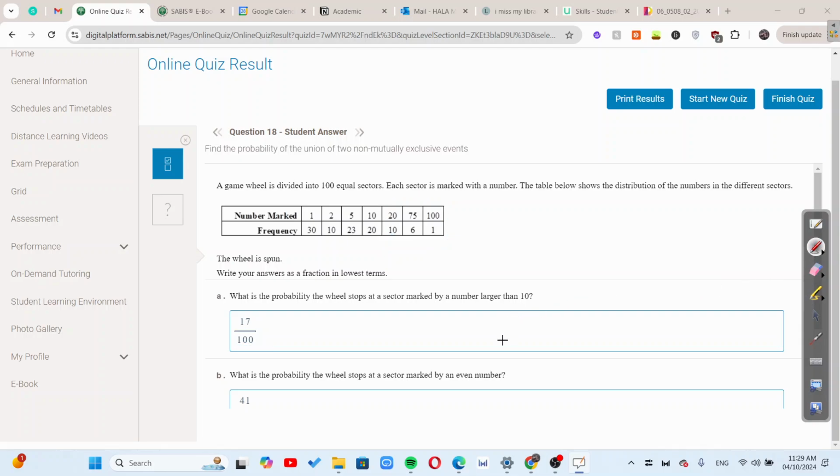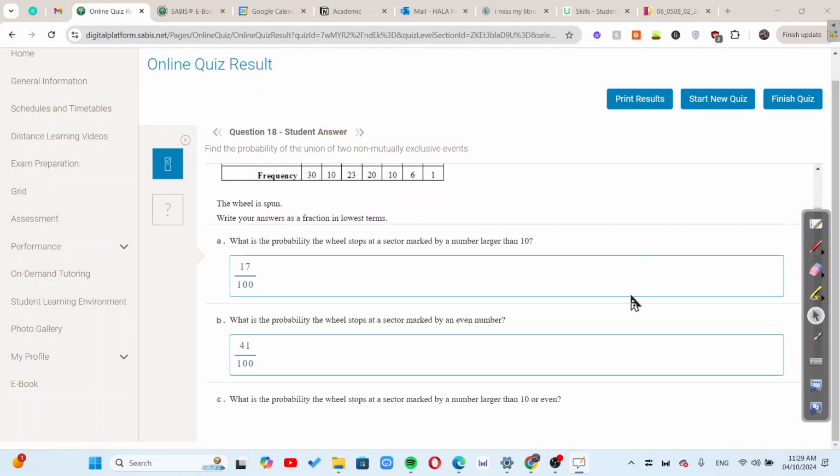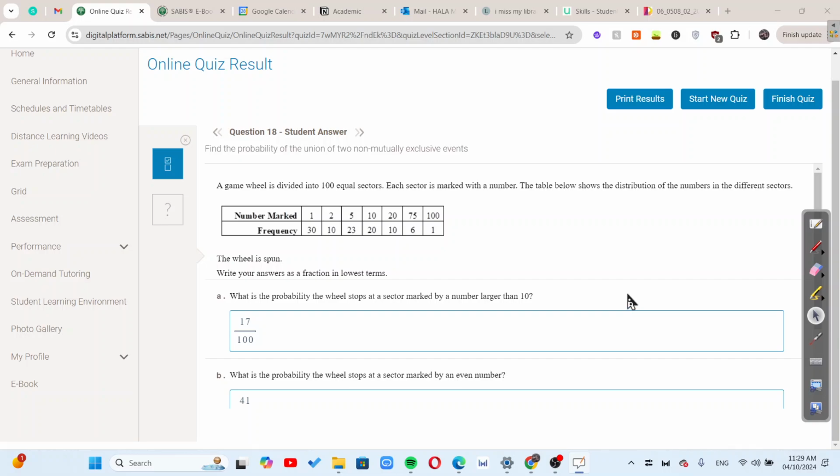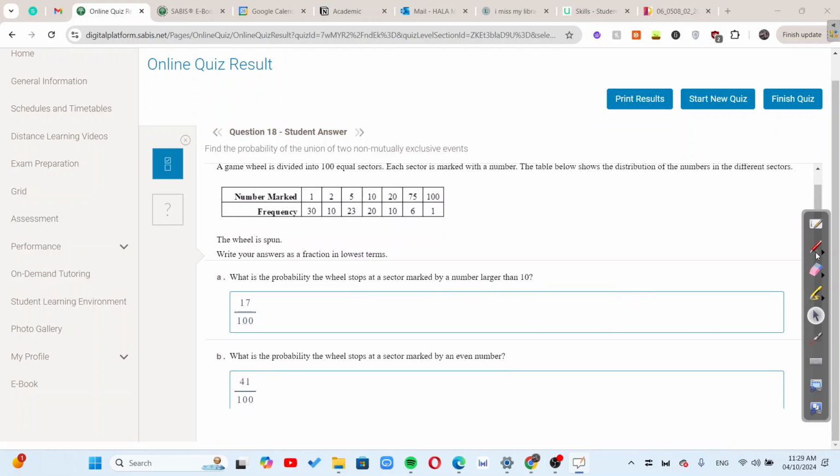Now, next part. What's the probability that the wheel stops at the sector marked by an even number? Just gonna scroll down a bit. Even number. So now cancel out all the odd numbers. This is odd, sorry. It's not even. This is even. This is even. This isn't even.